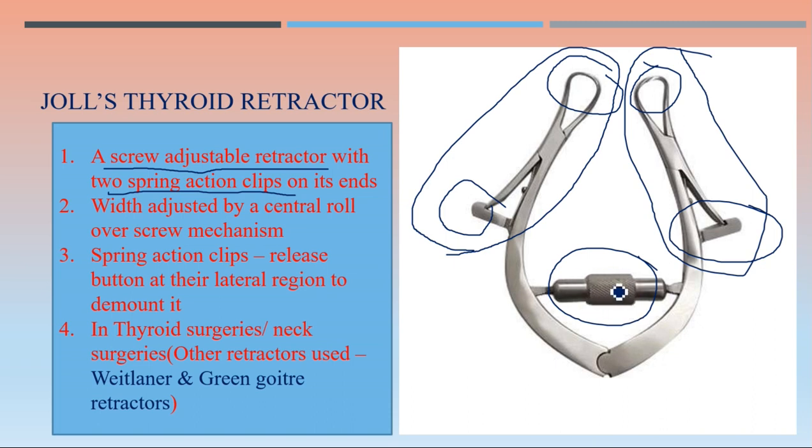With the help of this, by rotating this, you can adjust the distance between the tissue margins, right? And the width is adjusted by a central roll-over screw mechanism. For the spring action clips, there's a release button at the lateral region.